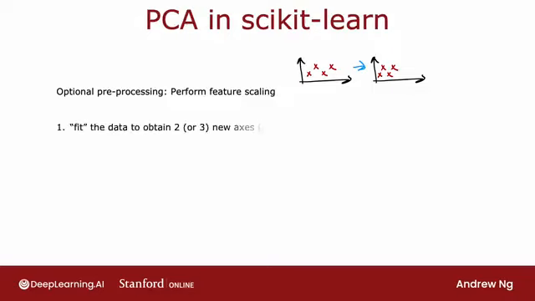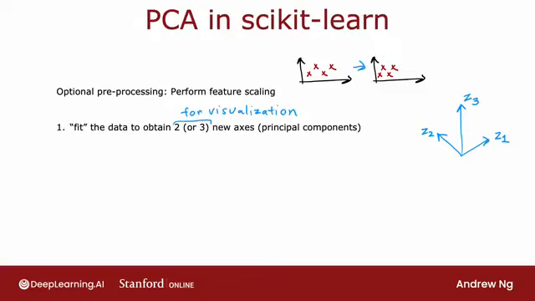The next step then is to run the PCA algorithm to, quote, fit the data to obtain 2 or 3 new axes, Z1, Z2, and maybe Z3. And here, I'm assuming you want 2 or 3 axes if you want to visualize the data in 2D or 3D. If you have an application where you want more than 2 or 3 axes, the PCA implementation can also give you more than 2 or 3 axes.